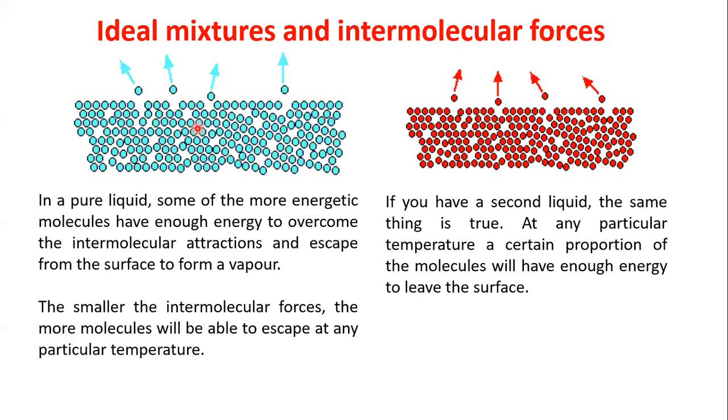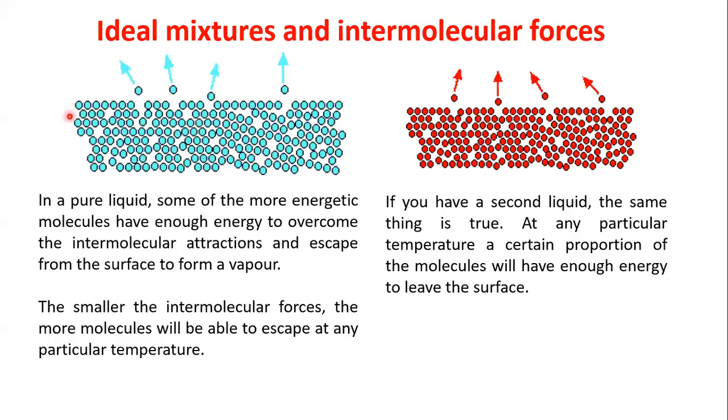Now, there is a rate at which this liquid turns to vapor. It means there's a rate at which the intermolecular forces between the molecules of this liquid can be broken, and the molecules escape to form vapor.